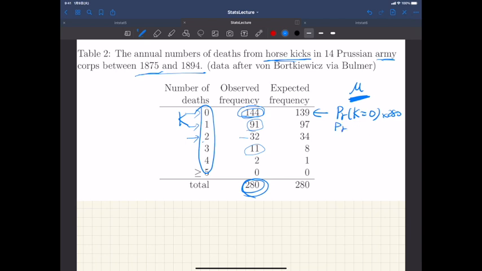And by using the same function with different k, you should get 97 and all these numbers also.